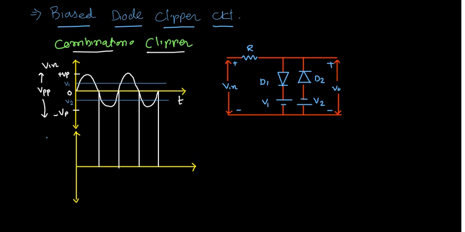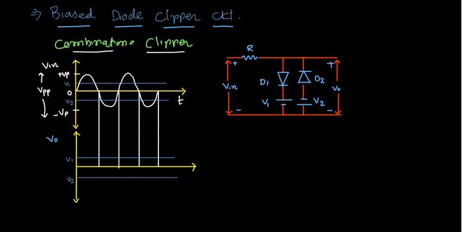This is the V output over here, and whatever supply we have taken, this positive half and negative half, I'm drawing for reference only. This one is the positive bias, this is the negative bias, let me write V1 and V2. Now we will check what will happen to the diodes and how the forward and reverse conditions are affecting.